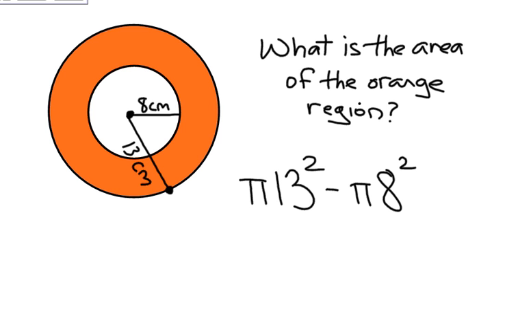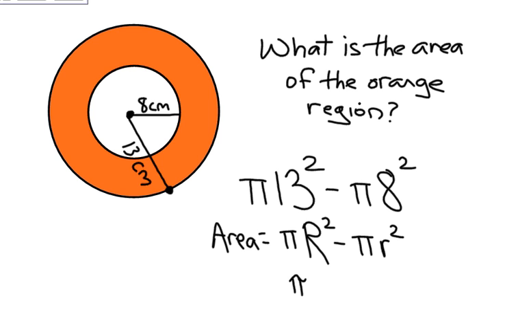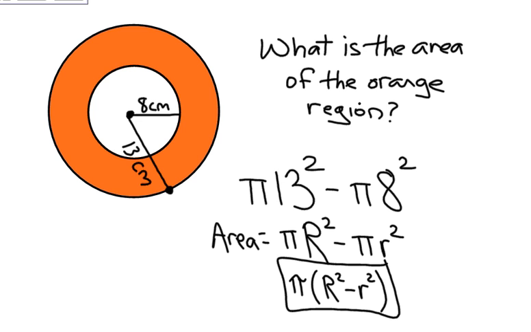I just want to make sure that we understand the idea here that the area of a washer is pi times the big radius squared minus pi times the little radius squared. And if I want to get fancy, which I do, I can factor out the pi and get that. So we're going to use this formula here.